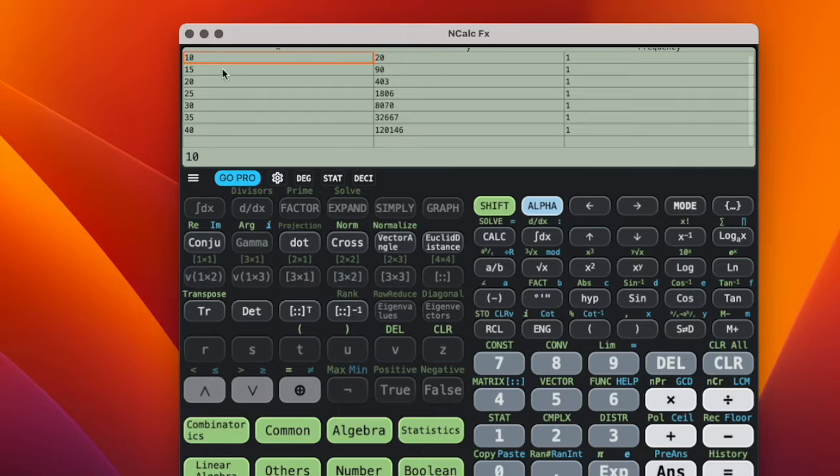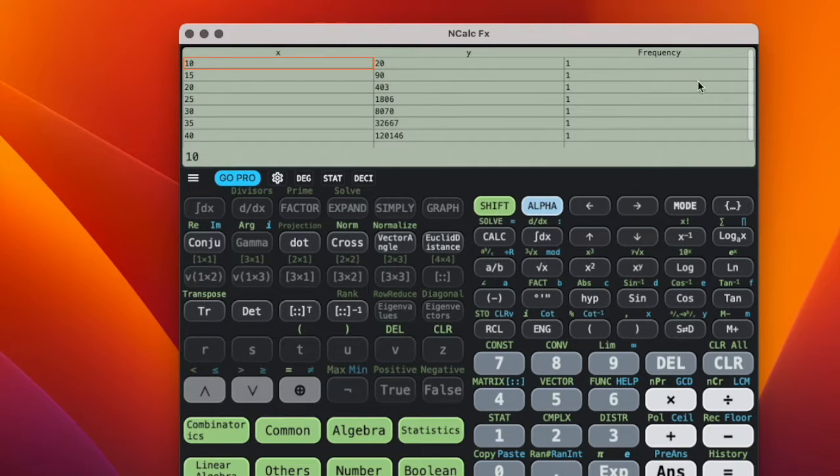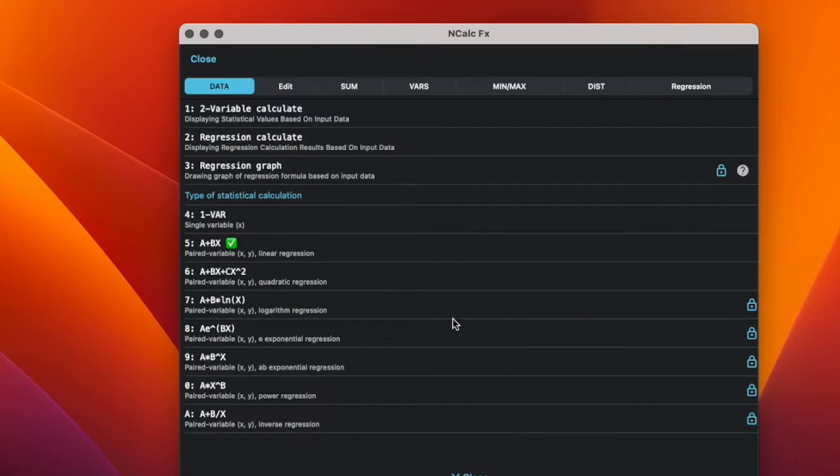I have uploaded this table here, and there is an additional column of frequency. Please ignore it because they are all 1, so we have x and y. Let me calculate it. Regression, calculate.